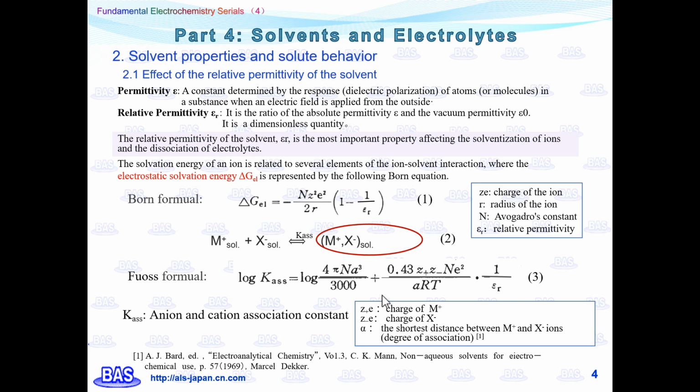From equation 3, it can be seen that log K_ass is almost linearly related to the inverse of a times epsilon r, and it can be predicted that if the relative permittivity is smaller or the nearest distance between ions is smaller, it is easier to form ion pairs, whose solutions have reduced conductivity.